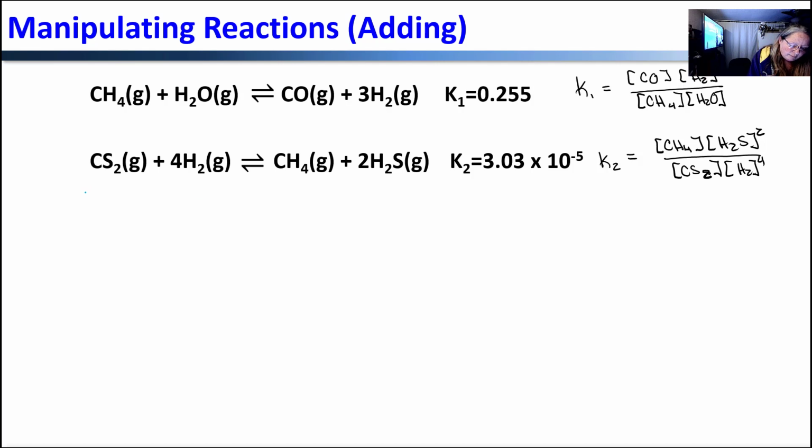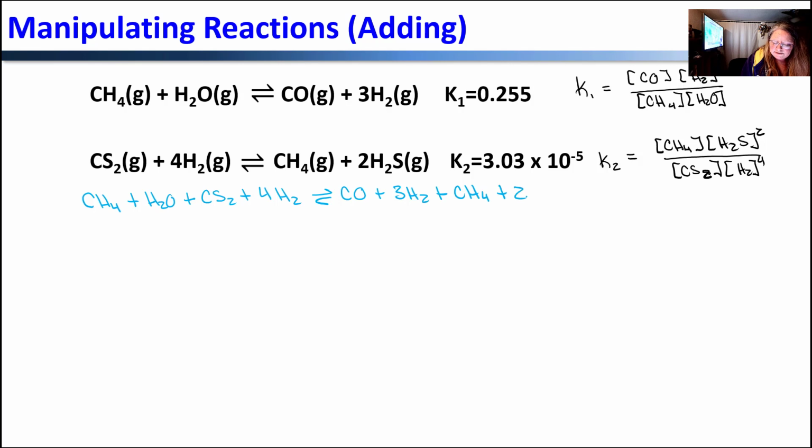And when I add them both together, I'm going to get CH4 plus H2O. That's the first equation. Then plus my CS2 plus my H2 gas in equilibrium with my CO plus my 3H2 plus my methane plus my H2S.